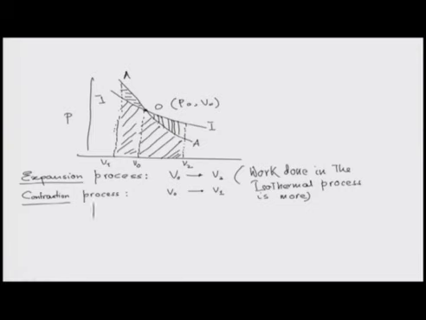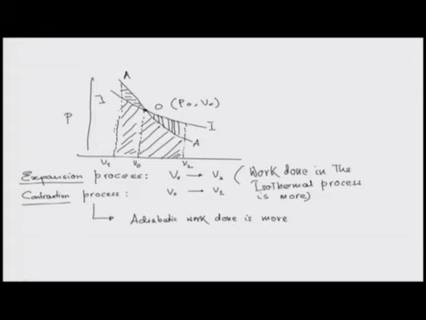So, in the contraction process, remember both the processes I am starting from V naught. So, you have to consider the area starting from here. So, contraction process on the other hand, adiabatic work is more.